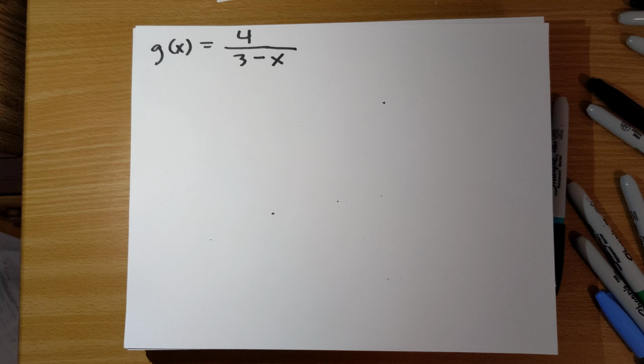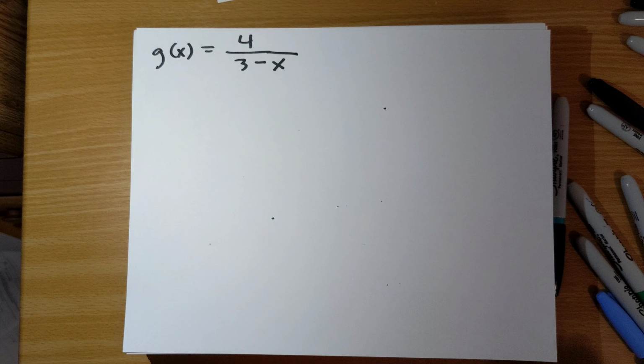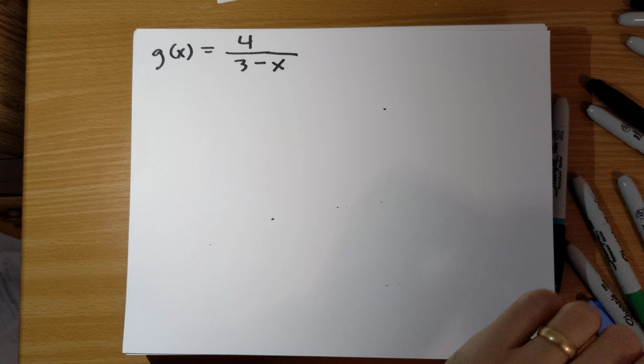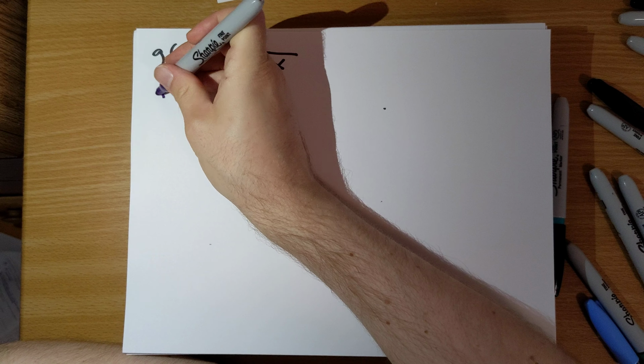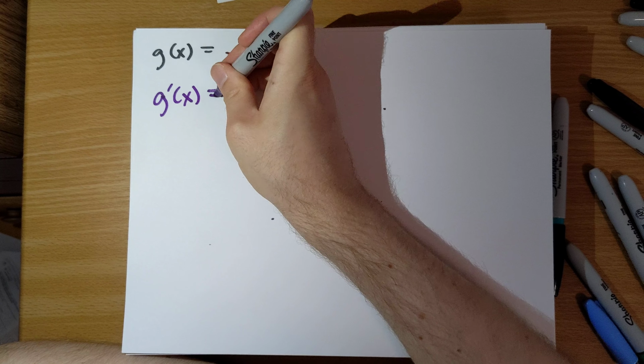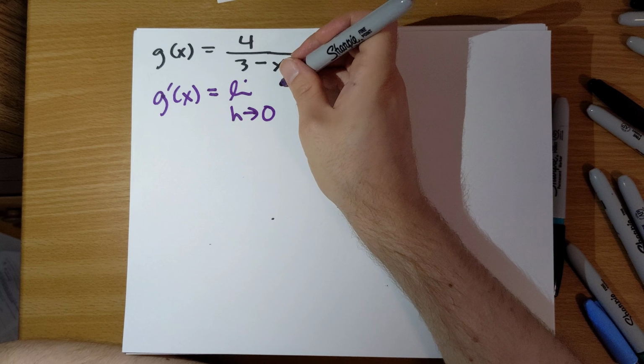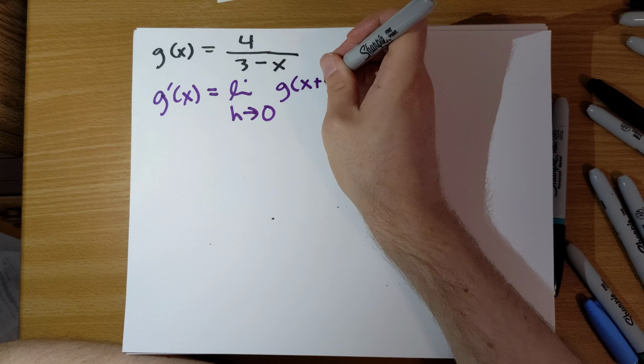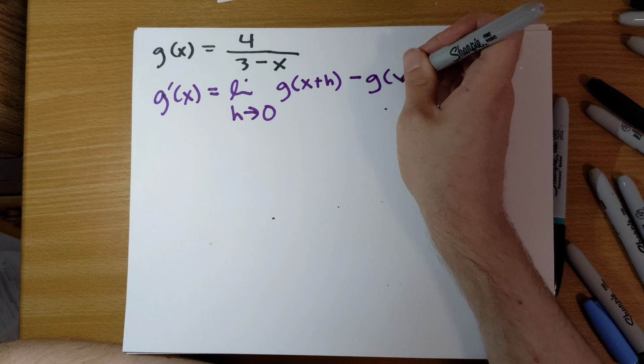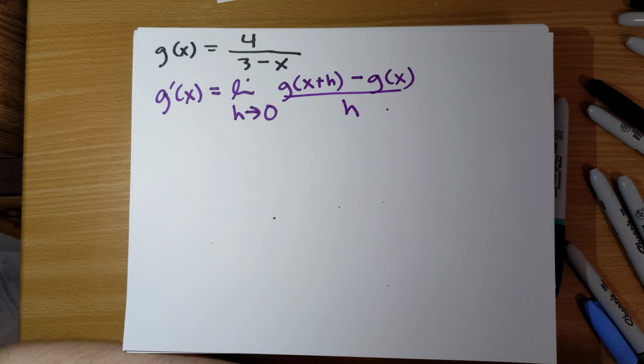Problem number two is asking us to use the definition of a derivative to find the derivative of this function here. So how do we do that? g prime of x, by definition, is the limit as h goes to 0 of g of x plus h minus g of x, all of that over h.